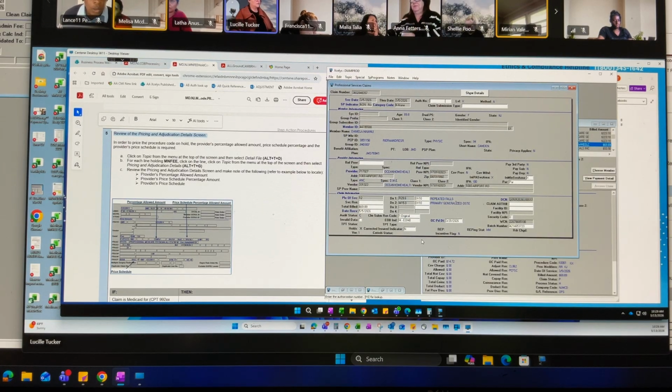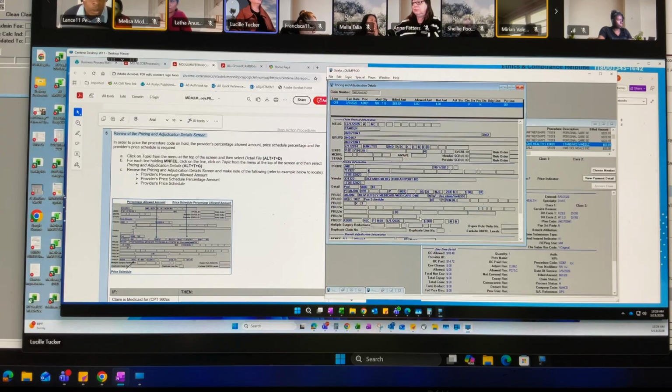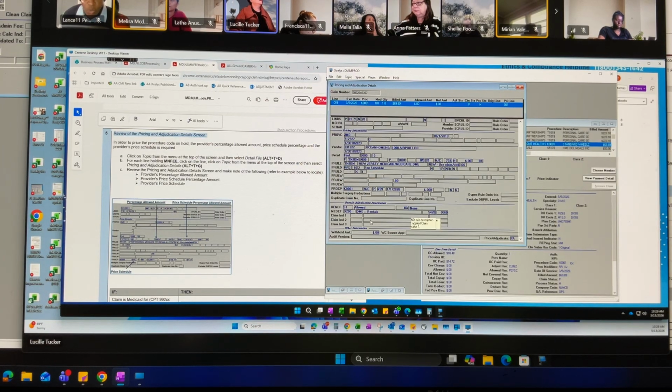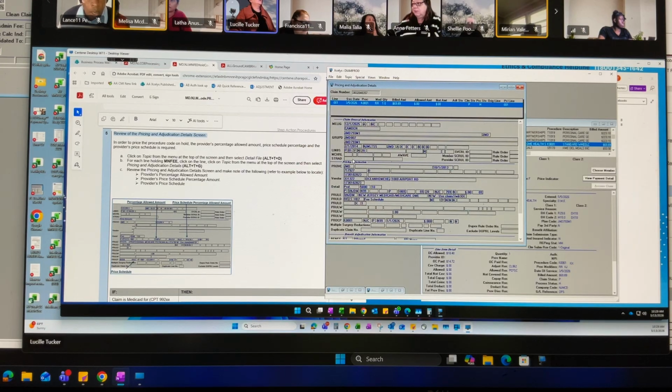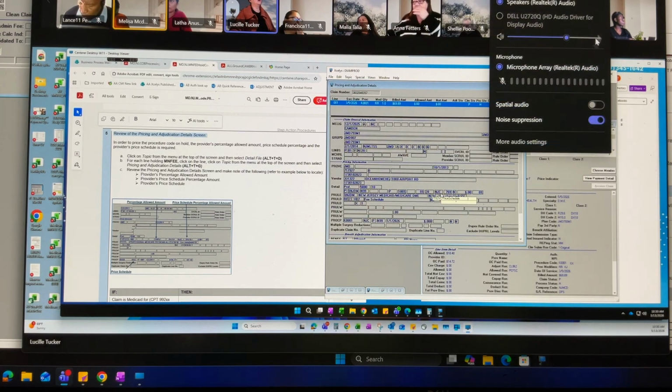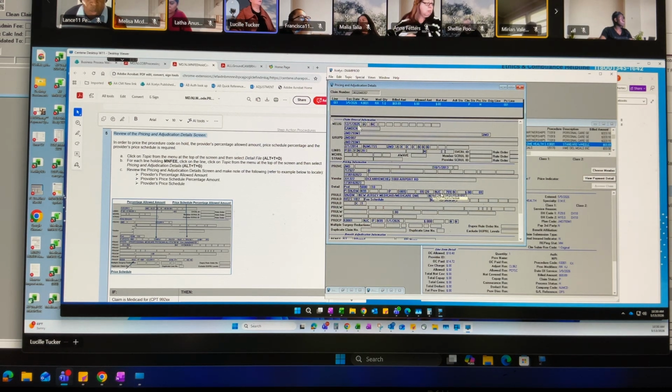So I'm going to do my Alt-TG, which can be done from the header and or the detail line, okay? Here I see that my line of business is JMD. My claim is pulling the professional 5,010. My percent allowed is going to be 170, and my fee schedule is NJC, okay?